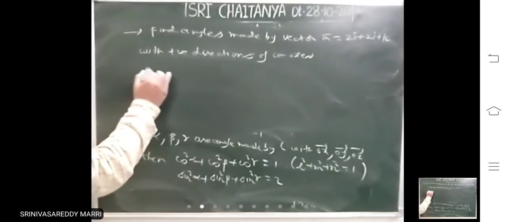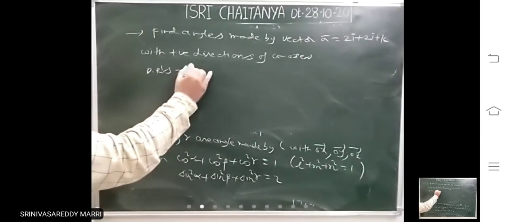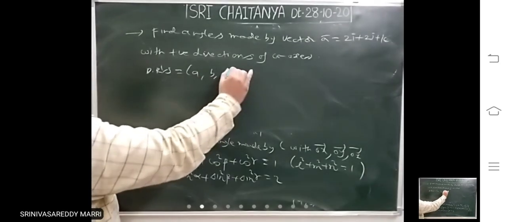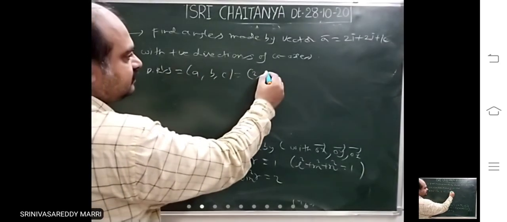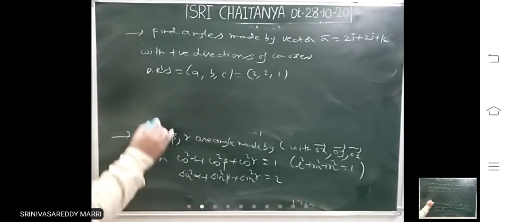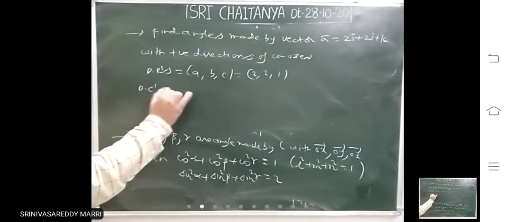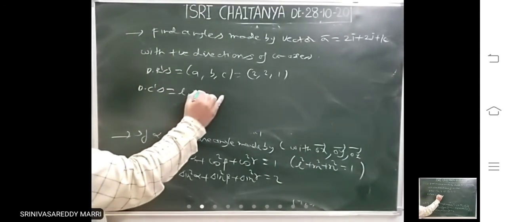A bar is given. DRs you calculate first. DRs is nothing but 2, 2, 1. For calculating those angles, DCs must be calculated.